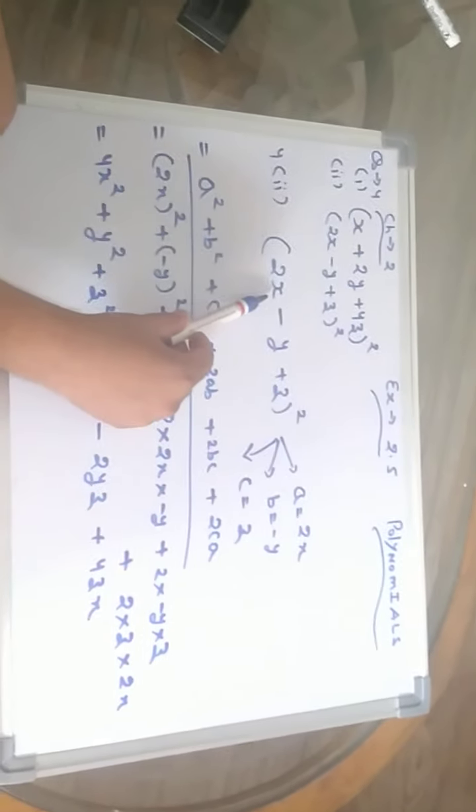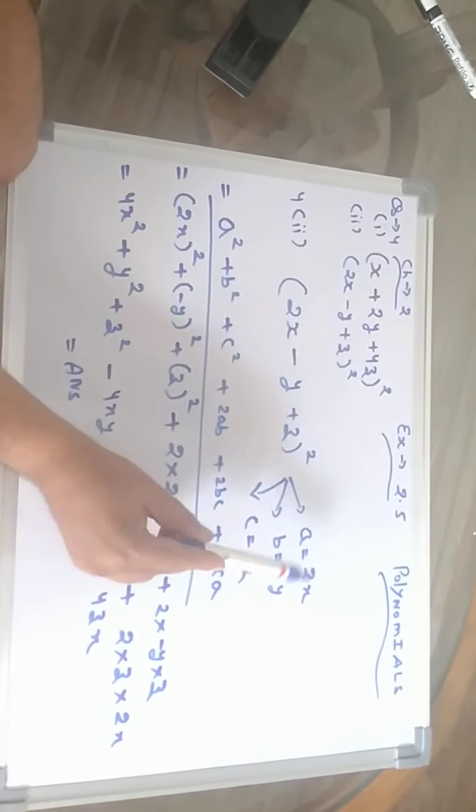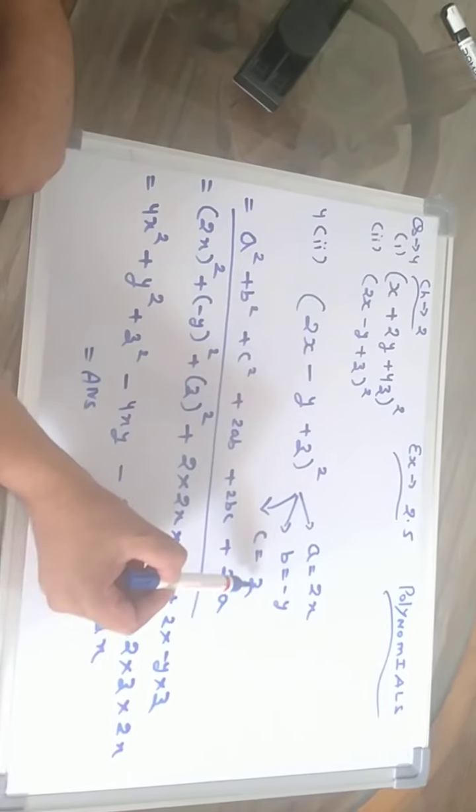Now once again I can explain this question. We have to evaluate (2x minus y plus z) whole square. I put a as 2x, b as minus y, c as z.